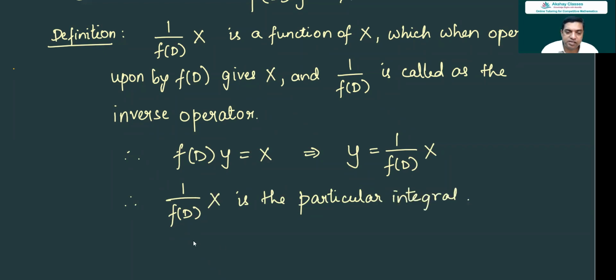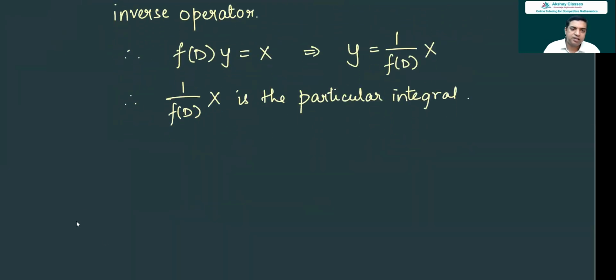Now the whole process is how to find this 1 by f of D times x. For this, there are some important cases.